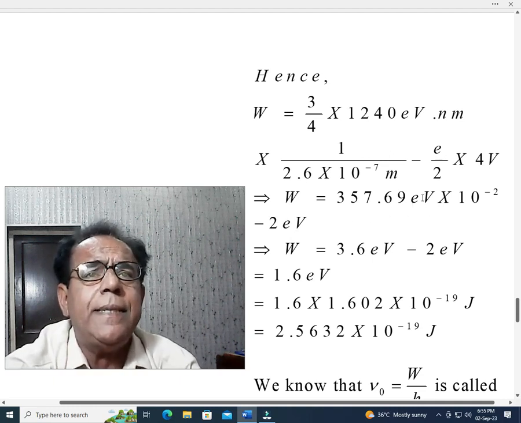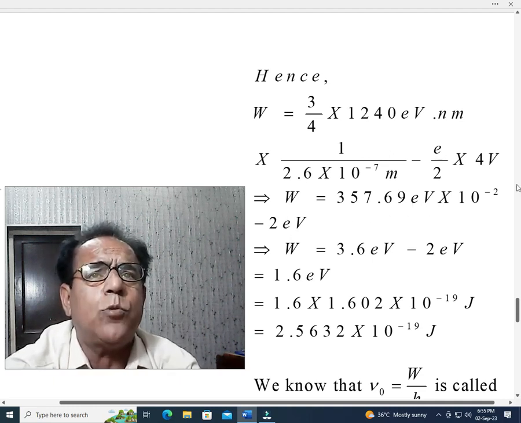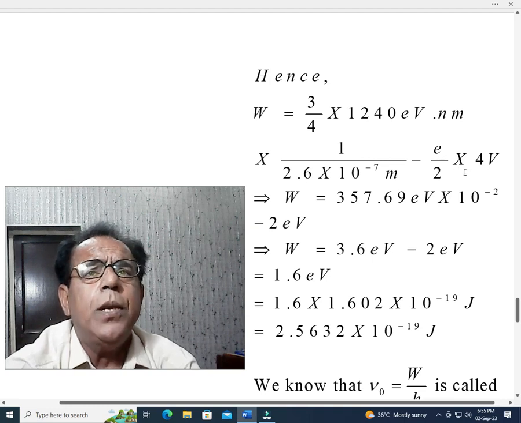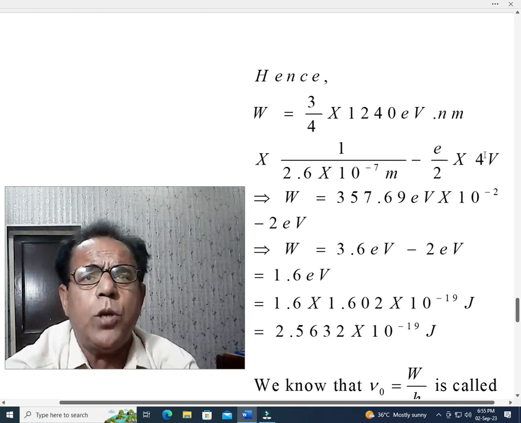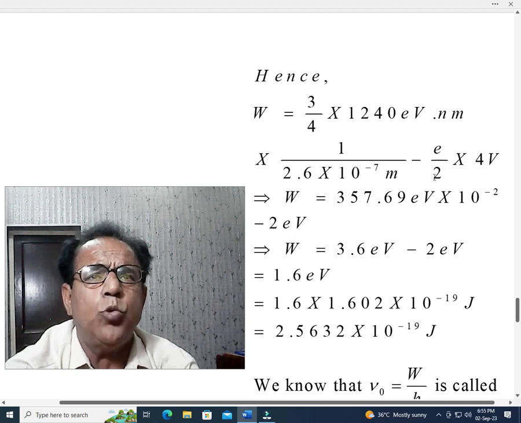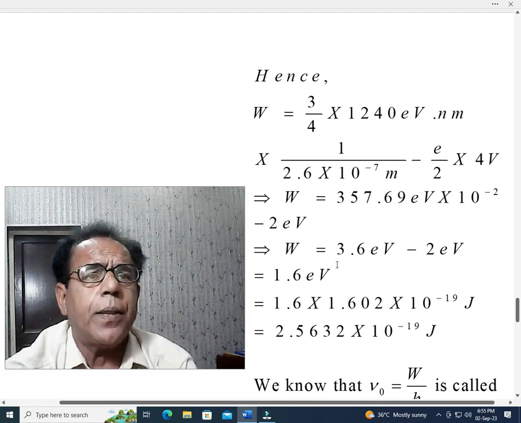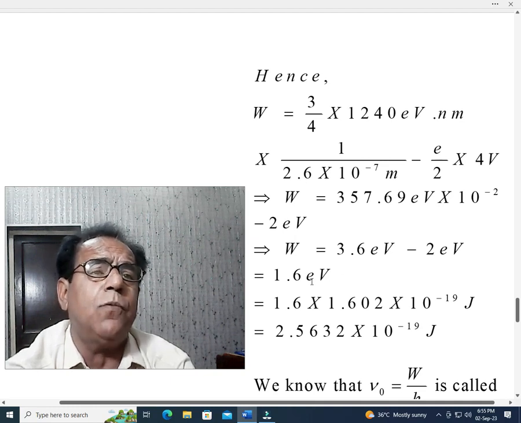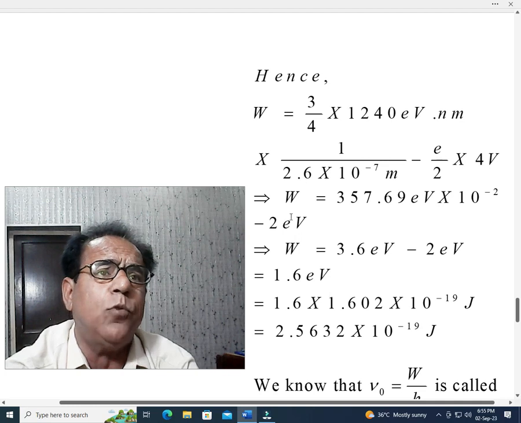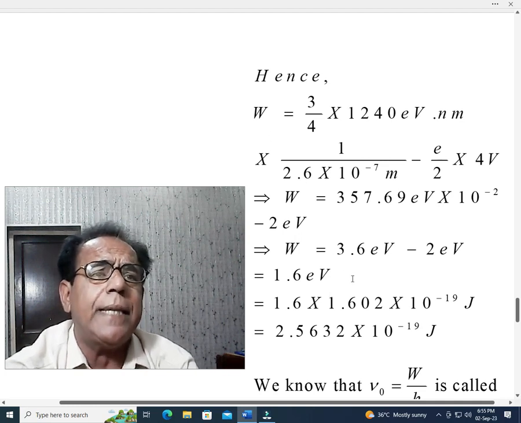This is in electron volt and this is also in electron volt, because 4 will remain 2 due to this 2 in the denominator, and hence the work function W will become equal to this minus this, equal to 1.6 electron volt. In terms of electron volt, our work function has reached its final destination.